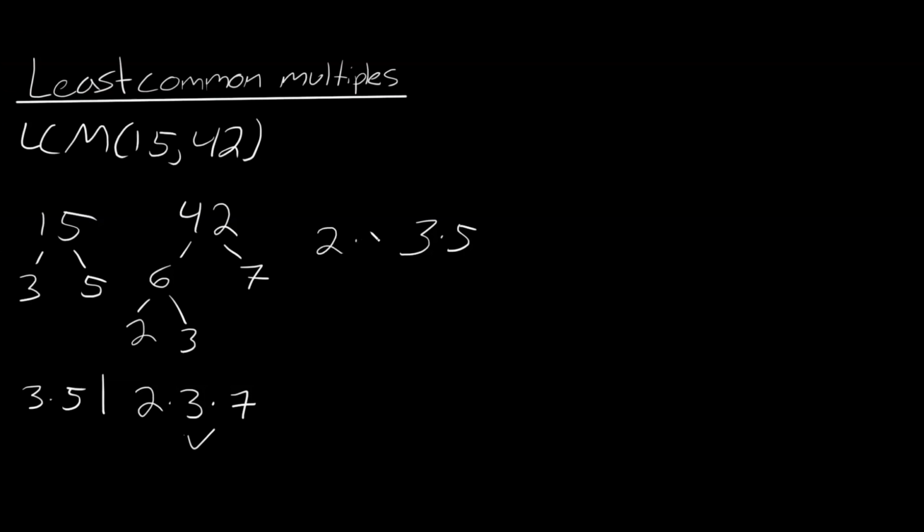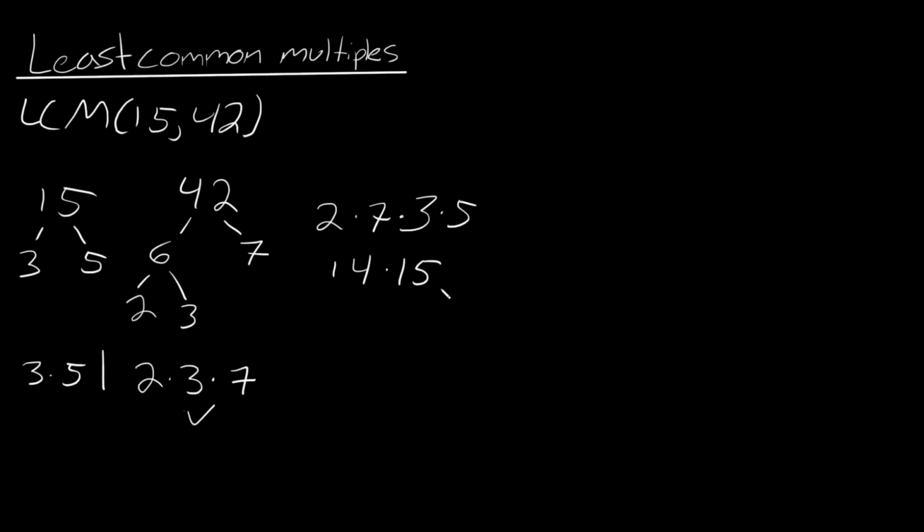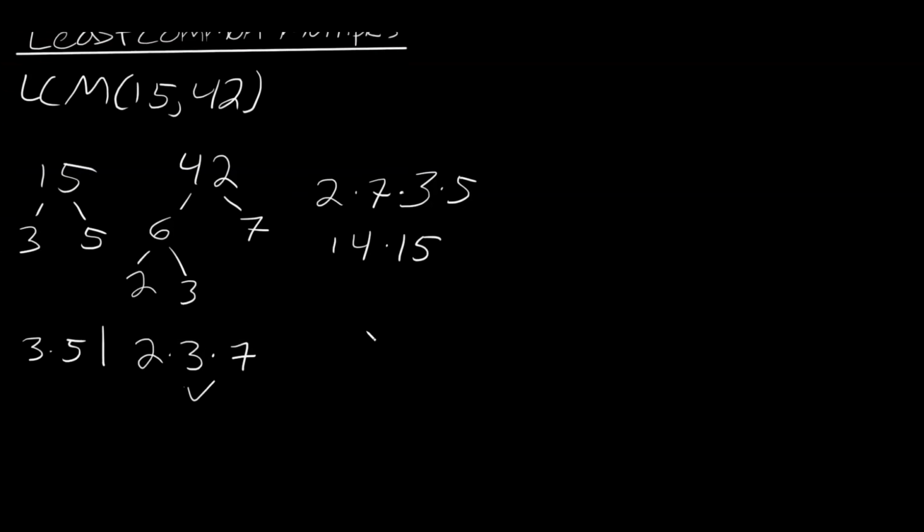2 times 7. Let's see, so we can go ahead and write 14 times 15, and we can do that multiplication problem, and I'll do that real quick. So this will be 15 times 14, sorry, and this will be 4 times 5 is 20, so we got to carry the 2, then this is 6, annex a 0 here, and I can go ahead and mark out this 2.